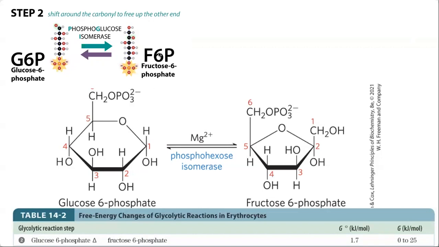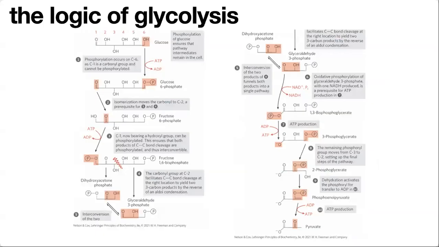And we'll see later how this F6P can be further phosphorylated to give us F26BP, which is going to be an allosteric modulator. But for now, just focus on the fact that we're taking this glucose 6-phosphate and making fructose 6-phosphate, which just involves shifting of this carbonyl group. You might be wondering, why the heck are we doing that?